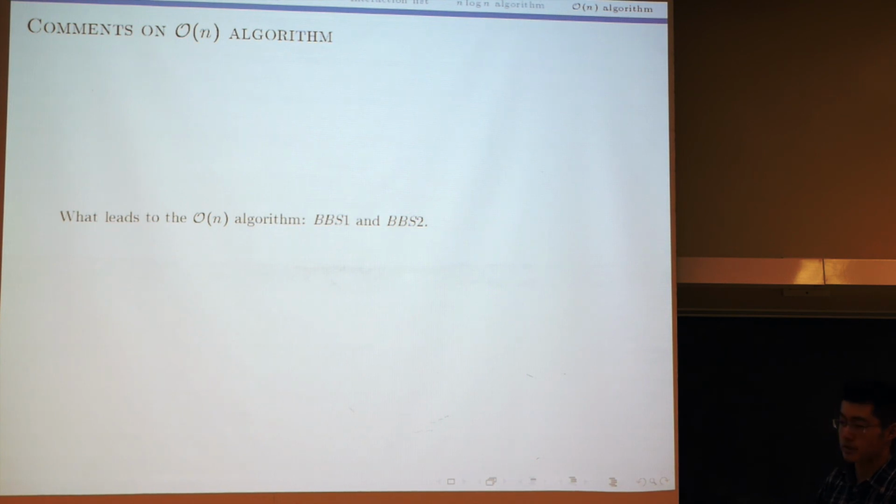Let's recall what gives us a linear algorithm from the n log n algorithm. Besides the factorization BBS1 in the n times log n algorithm, we have an extra BBS2, namely the translation relation.